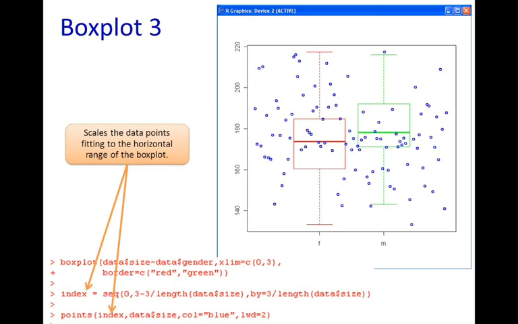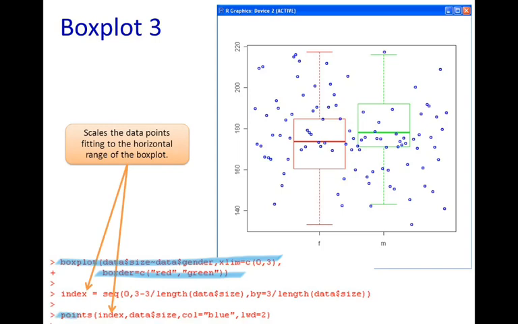Now we see a first idea of how we can actually use box plots in combination with scatter plots. So what we do here is we have a box plot as a basic plot of the sizes according to gender. We can color the lines or the surroundings of this box plot with the command border.